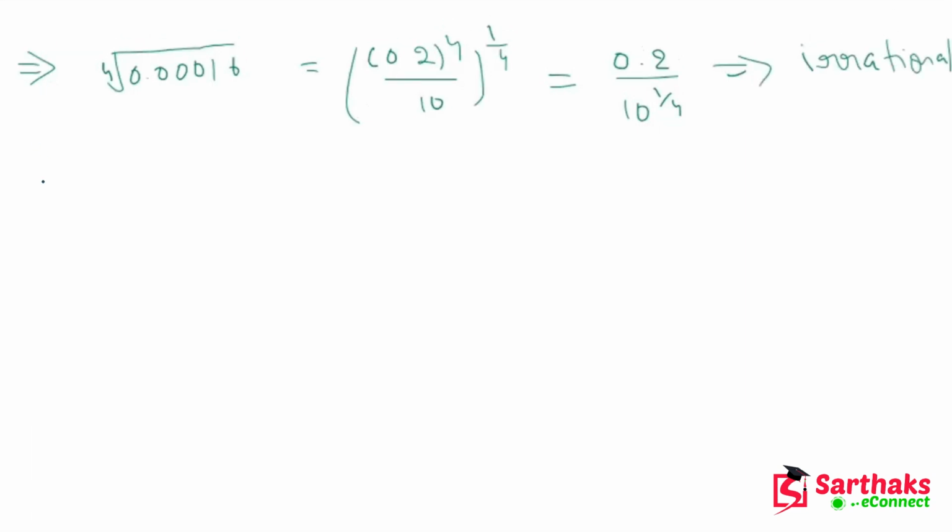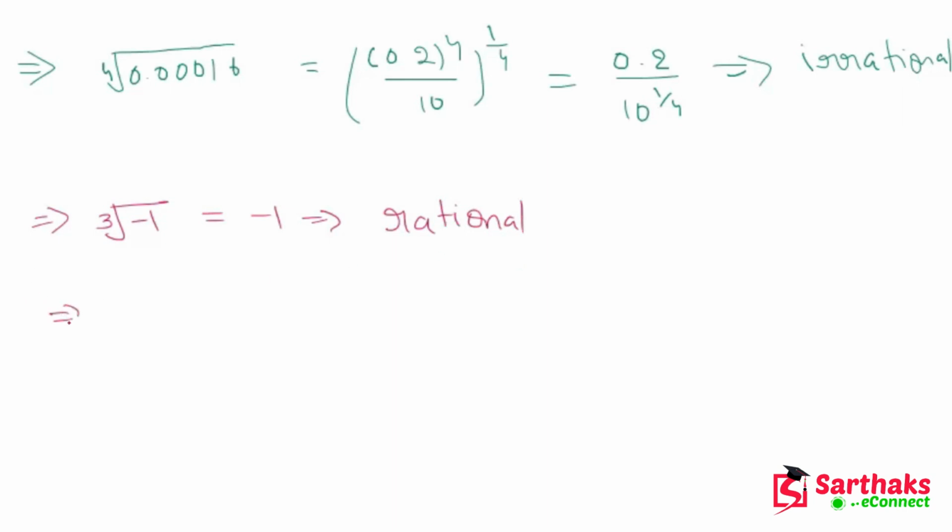Now the next question is the cube root of -1. We have to tell whether it is rational or irrational. We know the value of the cube root of -1 is -1, so this is rational.